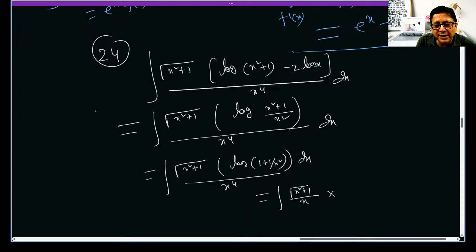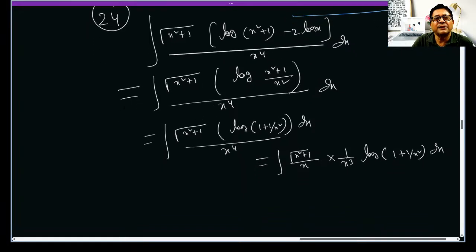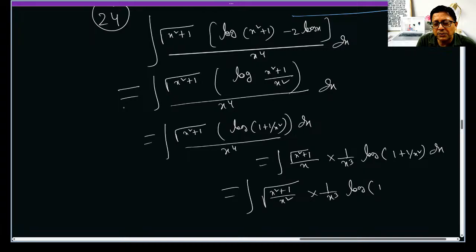If you take x inside, 1 by x cube log 1 plus 1 by x square dx. Clear? So this implies you take x inside, x square plus 1 by x square, 1 by x cube. Okay.